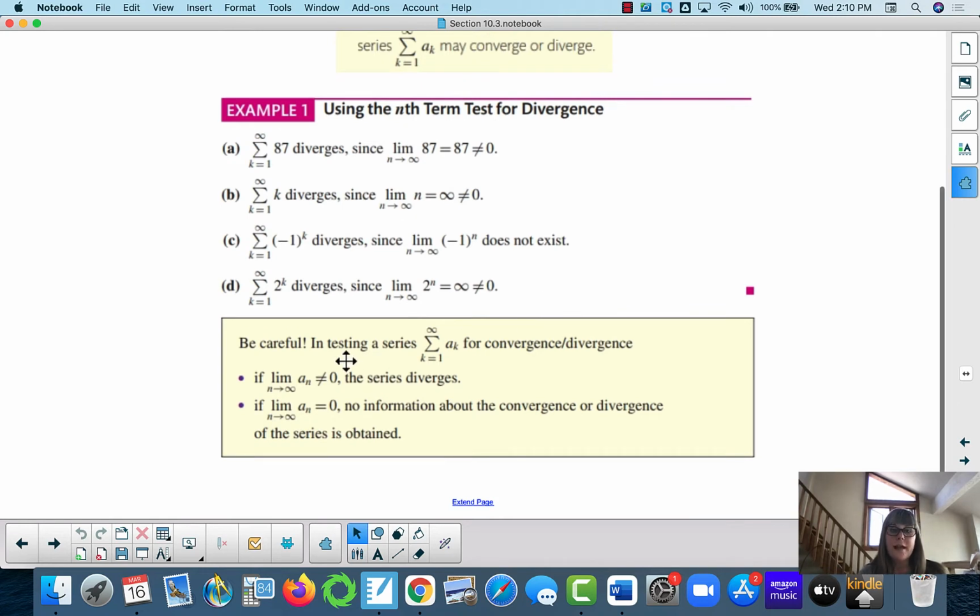So we can say that if the limit as n approaches infinity of a sub n does not equal 0, the series diverges. But if it does equal 0, then we can't use that to determine whether it converges or diverges. It could do either one still.